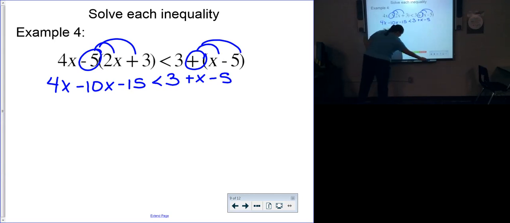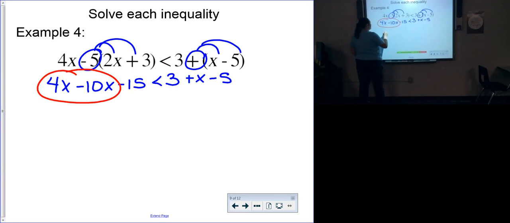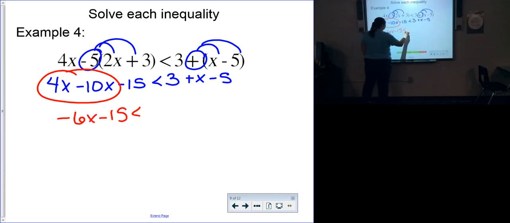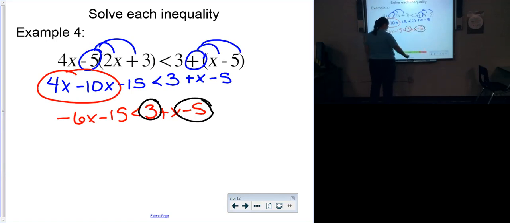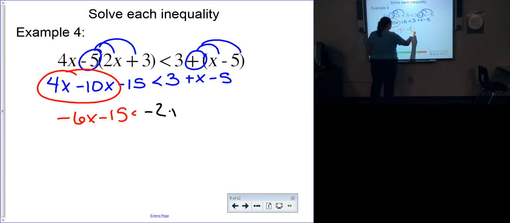All right, let's combine like terms. I have 4x and negative 10x to give me negative 6x. Minus 15 is less than 3 plus x minus 5. But I have like terms here that I can combine. So this could really be negative 2 plus x.